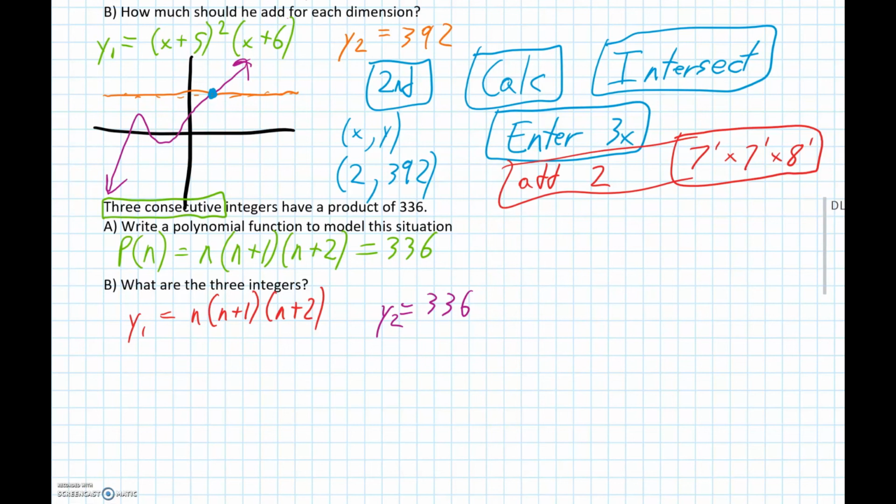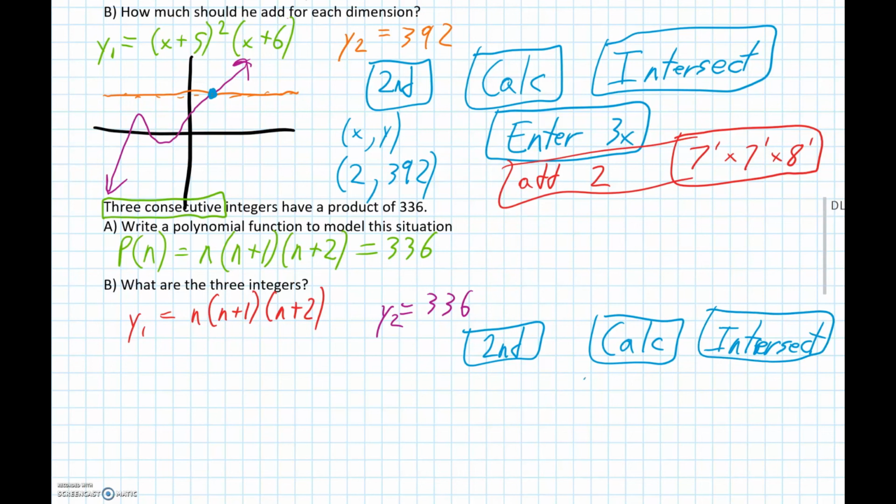And then what you need to do is go second function, calc, intersect, and then move your cursor to the right point and hit enter 3 times. Okay, I figured it out.